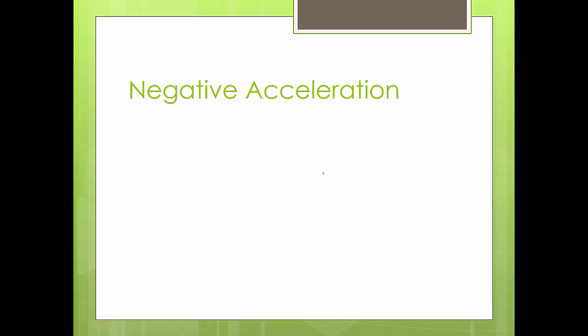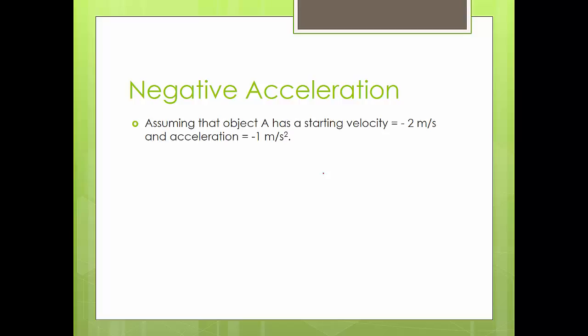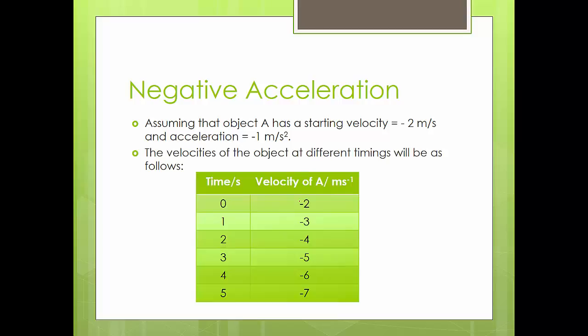So what is this type of situation? Let's say object A has a starting velocity of -2. Instead of a positive starting velocity, it has a negative starting velocity and a negative acceleration. If you apply the same method, your velocity starts at -2, subtract 1, you'll be -3, subtract 1, -4, subtract 1, -5, and so on, and eventually 5 seconds later, you'll be at -7.